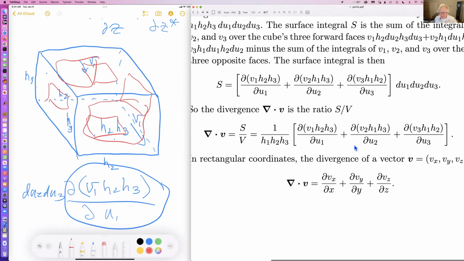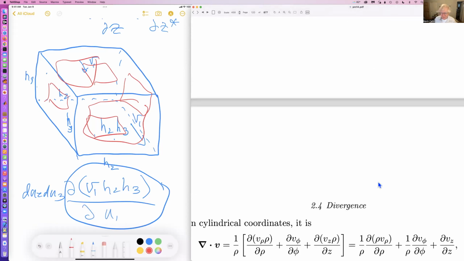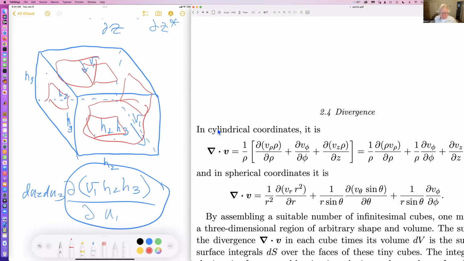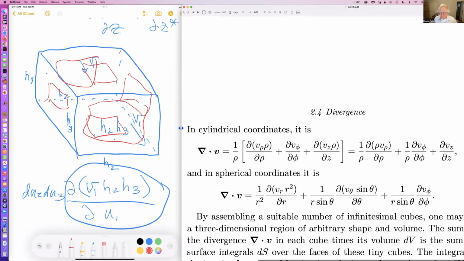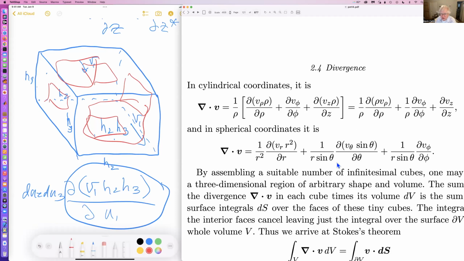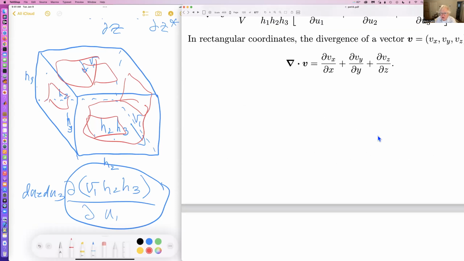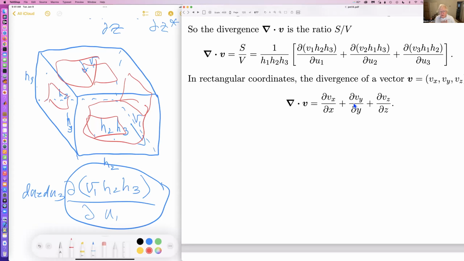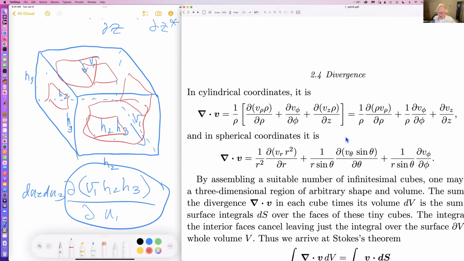In rectangular coordinates, it's very simple: the H's are all unity, and it's just the partial of Vx with respect to x and so forth. In cylindrical coordinates it looks like this, and in spherical coordinates it's more complicated. But these two formulas follow from the previous formula, just using the values of H1, H2, and H3 that we found earlier.